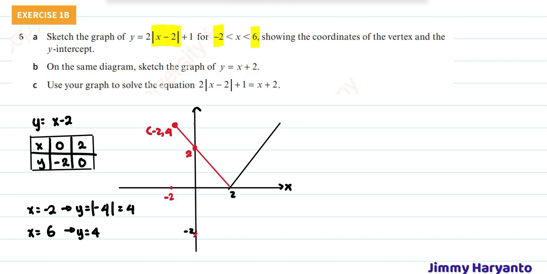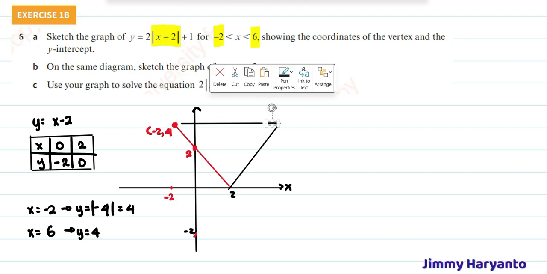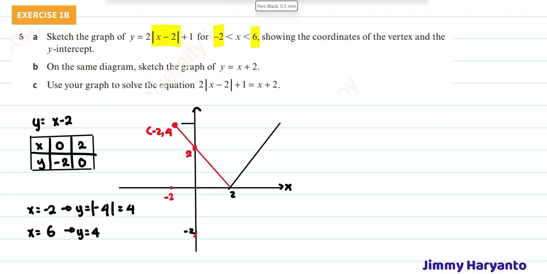Okay, I'll erase this. And then also x equals 6 will be y equals 4, so it's parallel with this one. Oh yeah, it's already parallel. Wait, so this point is 6, 4. Okay, so this is the graph of the yellow, this one.